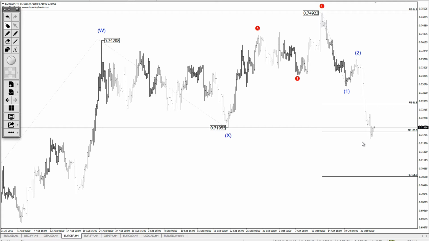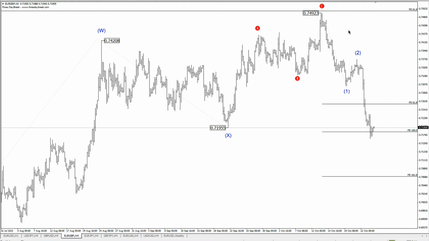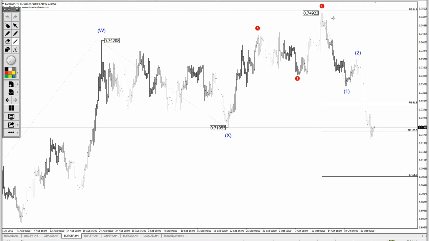And since this is a three-wave structure, we are not sure that Euro-Pound has started the next larger decline. This three-wave structure can be counted as a correction, ABC, a zigzag correction. So from the high of 0.7492, we can see a very clear three-wave structure.